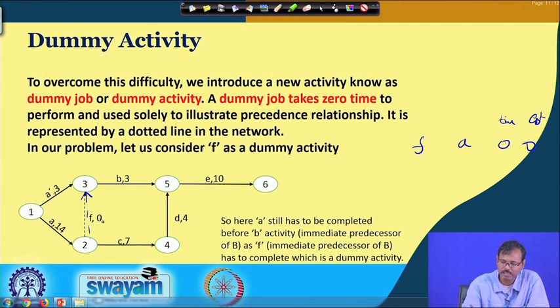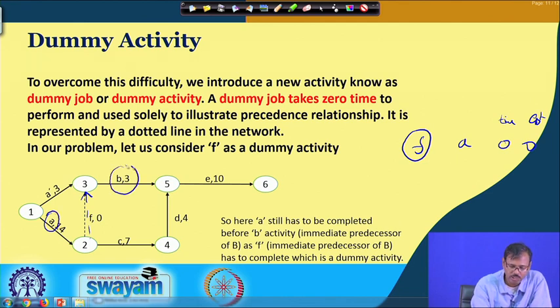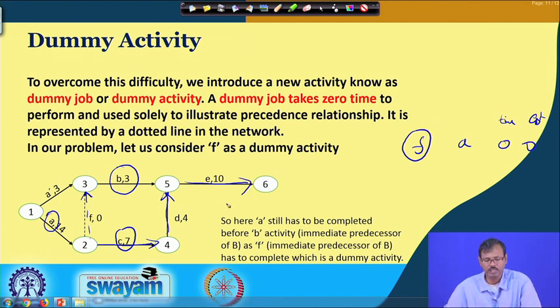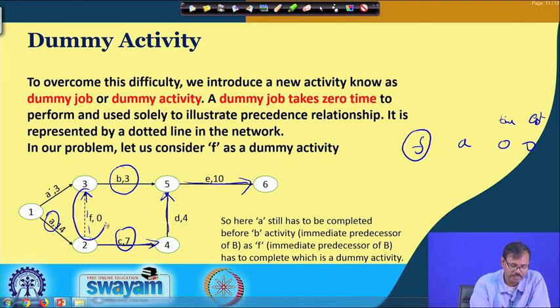So, this dummy activity is added in the network to show the precedence of the A to the job B. But for job C, there is no problem, the precedence of A can be easily shown in this, then we can put the D job here and finally the E job, which is the budgeting, is presented. So, we need one additional dummy job to be added in the network for the construction of the network.